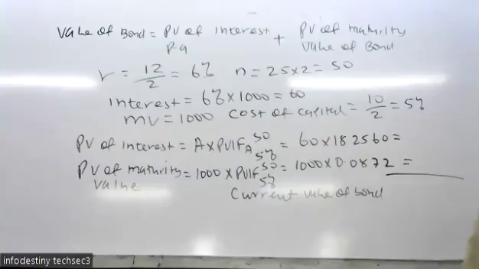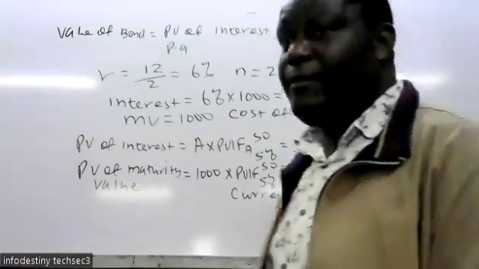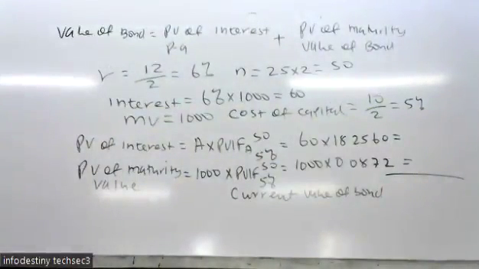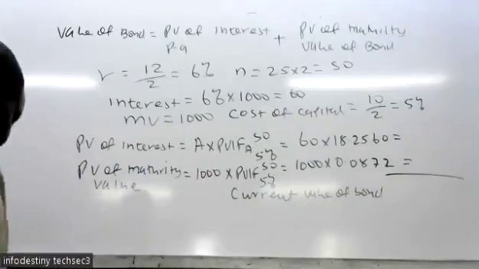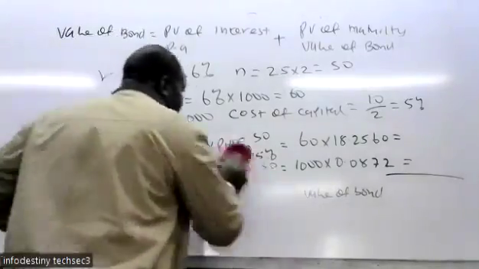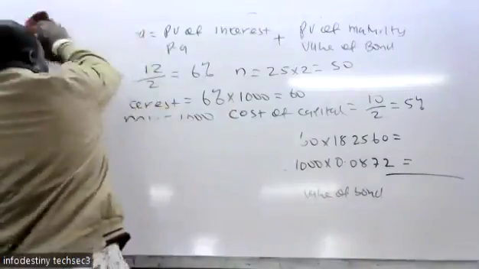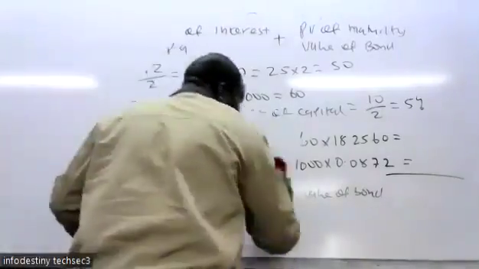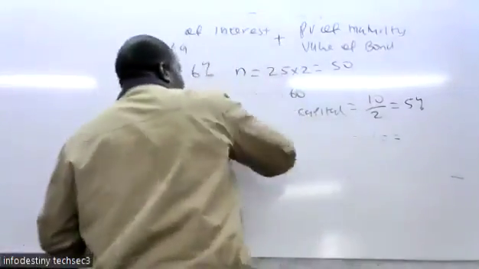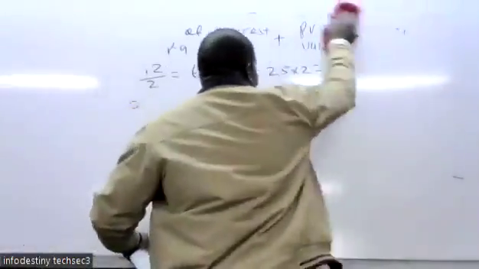So the term there is the current yield. We shall simply be calculating the current yield. We shall simply compute what is supposed to be the current. Don't calculate the yield to maturity, even though the question has said the current yield to maturity.